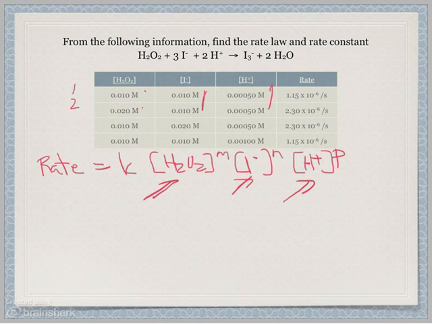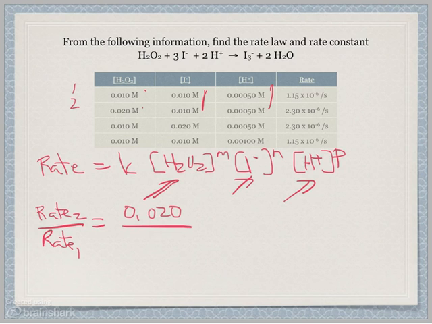So knowing that, what we can do is rate 2 over rate 1, just like we did in the previous problem, equal to the concentration of the H2O2 for the second trial, which was 0.020, over the H2O2 concentration for the first trial, which was 0.010, and that's all to the m power.